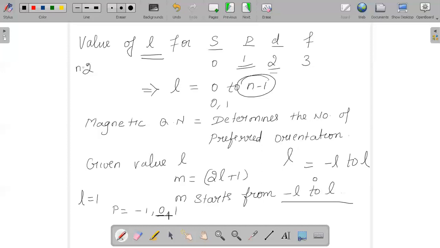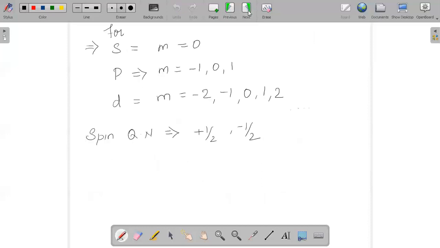And this magnetic quantum number will help you determine the preferred orientation. And the last quantum number is your spin quantum number. We do not have much detail or any calculation for that, because it will rotate either clockwise or anti-clockwise.